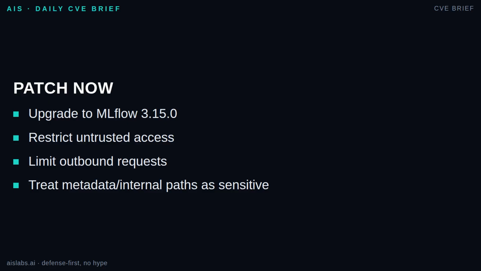In particular, treat access to internal services and cloud metadata services as sensitive and block unnecessary paths. Review webhook functionality and disable or restrict it if it is not required. Finally, after patching, keep the network hardening. SSRF bugs are common enough that egress controls should be treated as a standing defense, not only an emergency workaround.